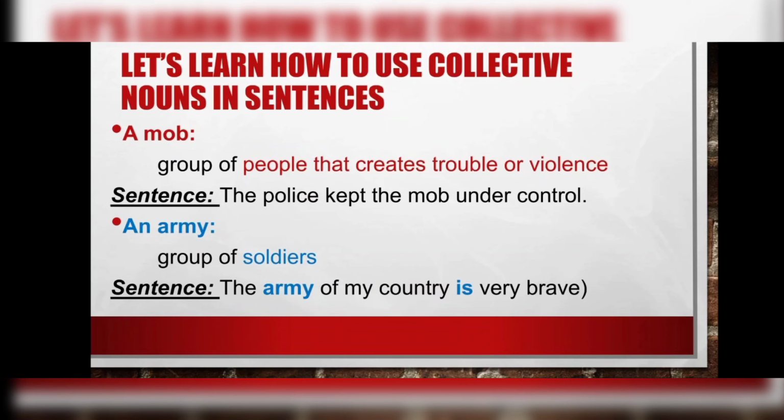Here we use is because the army is considered a collective noun. It gives us an idea that many soldiers are under this category, and it is taken as a singular subject. So here we have used a singular helping verb.